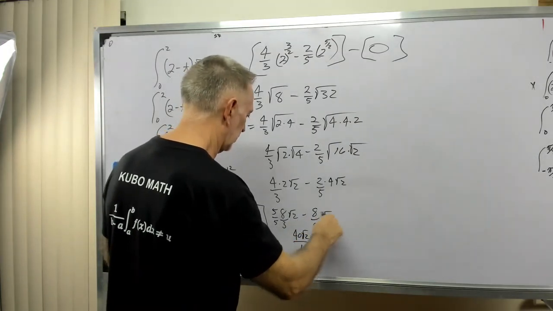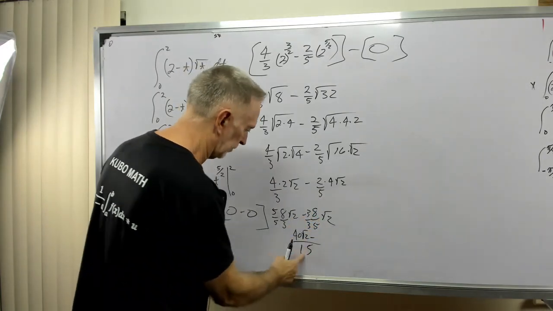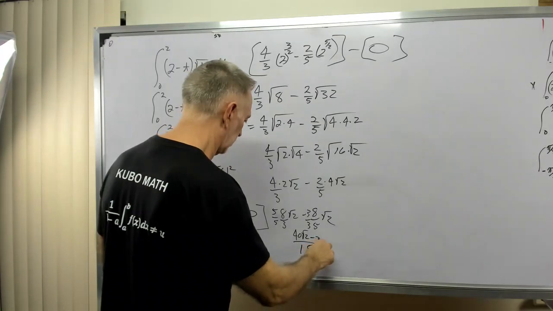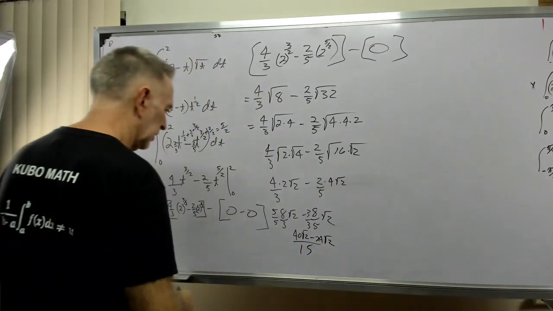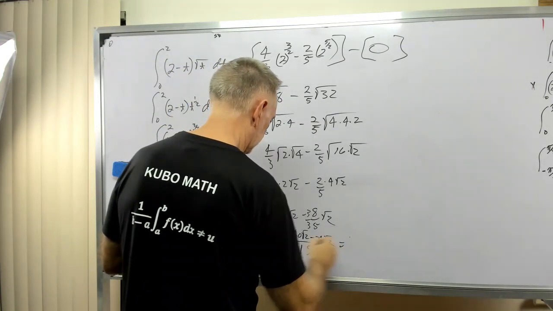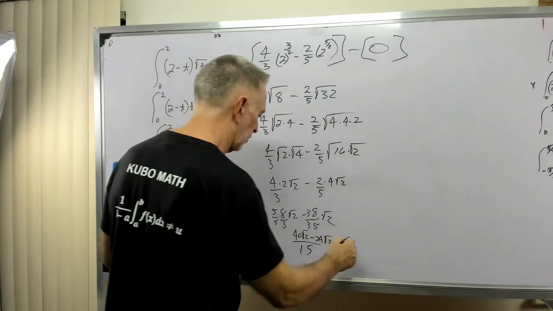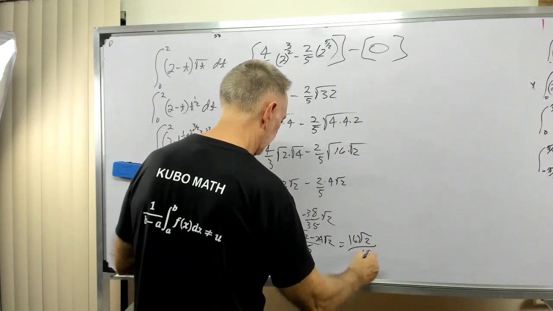Minus, this is going there 3 times, so I need to multiply that by 3 over 3. 3 times 5 is 15. 3 times 8 is 24. 24 square root of 2. That would give me 40 square root of 2 minus 24 square root of 2, which is 16 square root of 2 over 15.